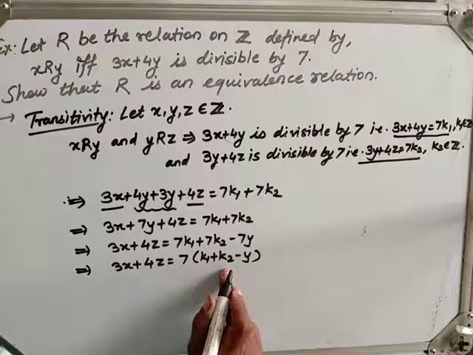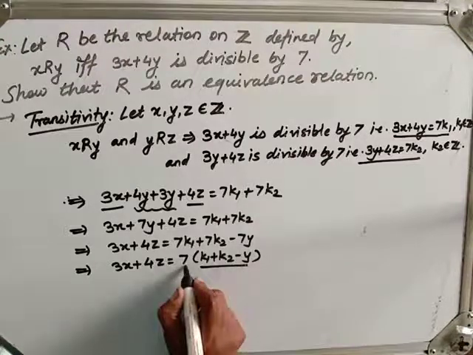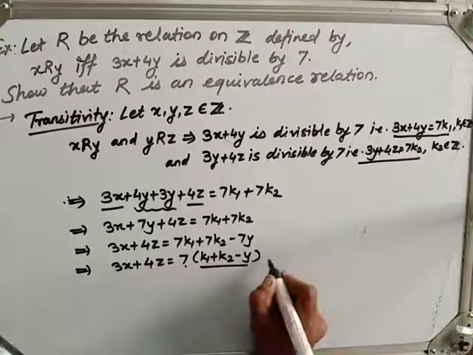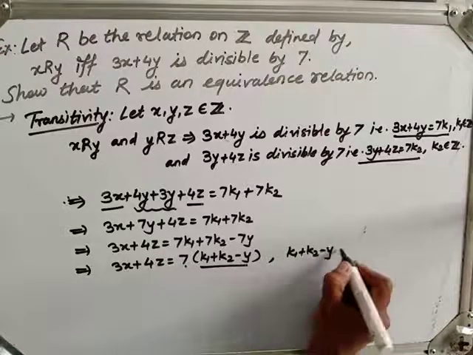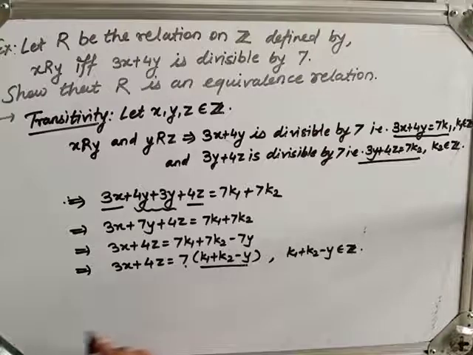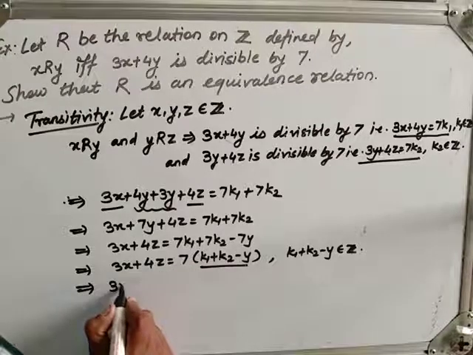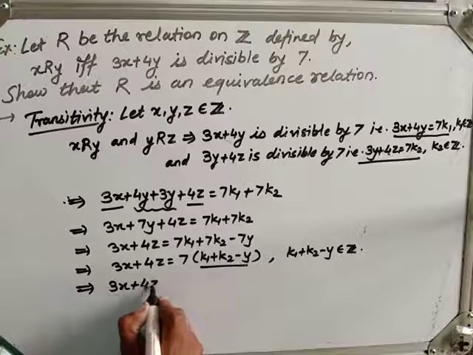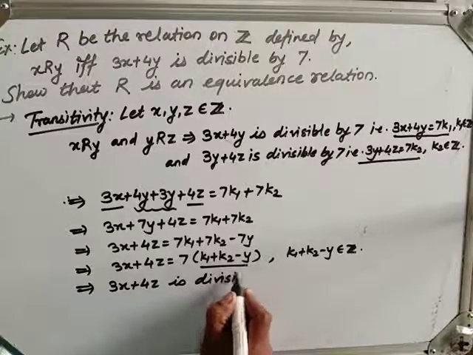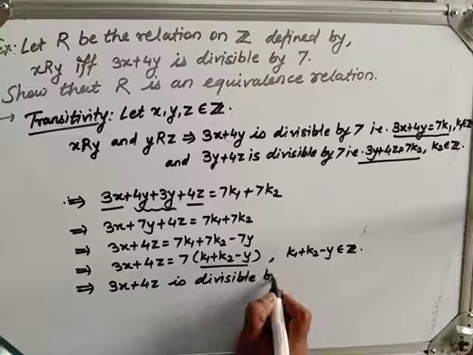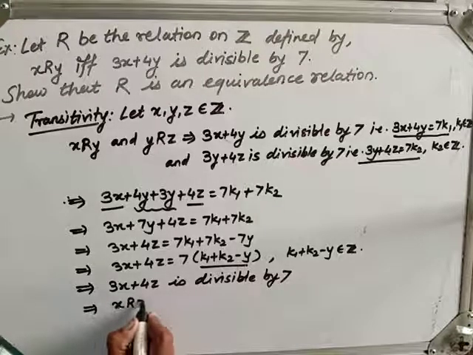So k1, k2 are integers, y is also an integer. So this is an integer, it is a multiple of 7. So here k1 + k2 − y belongs to the set of integers, and it is a multiple of 7. So I can say 3x + 4z is divisible by 7. That is the same as to say x is related to z.